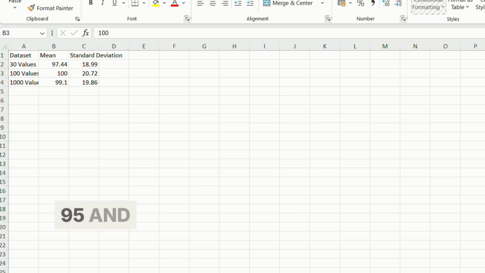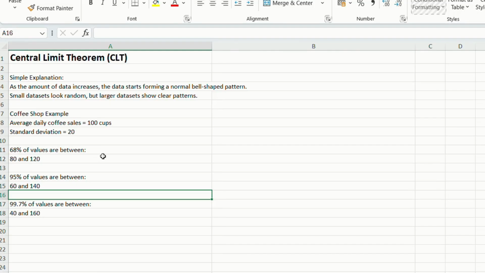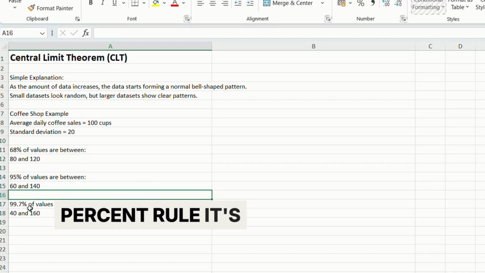An important rule is the 68, 95 and 99.7 rule. About 68% of the values fall within one standard deviation.